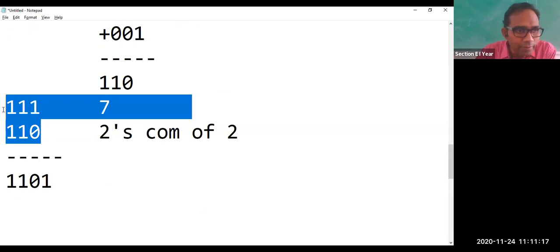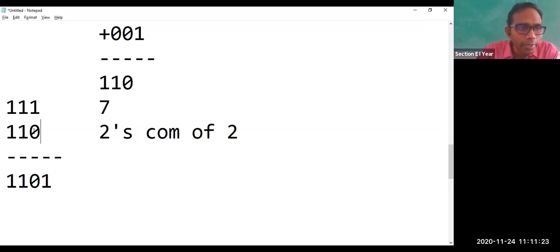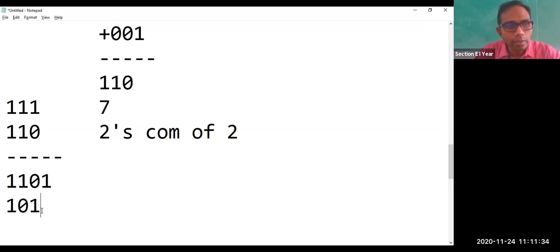After doing addition for these numbers, we have a 3-bit number: bit 1, bit 2, bit 3. So we need to take only 3 bits. Ignore the first bit, at any cost, because we have a 3-bit number.